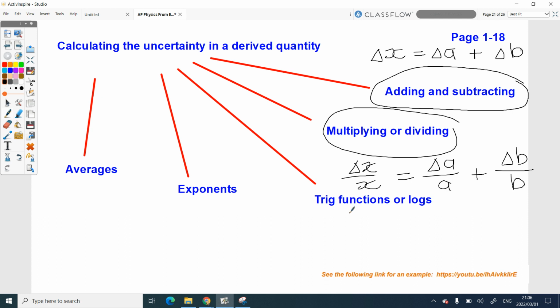Then the next one, for trig functions or logs, is pretty easy because you just have the same uncertainty that you have in your real value. What I mean is that the fractional uncertainty in x over x is equal to the fractional uncertainty in a over a. I don't know if that makes sense, so let's use an example again.